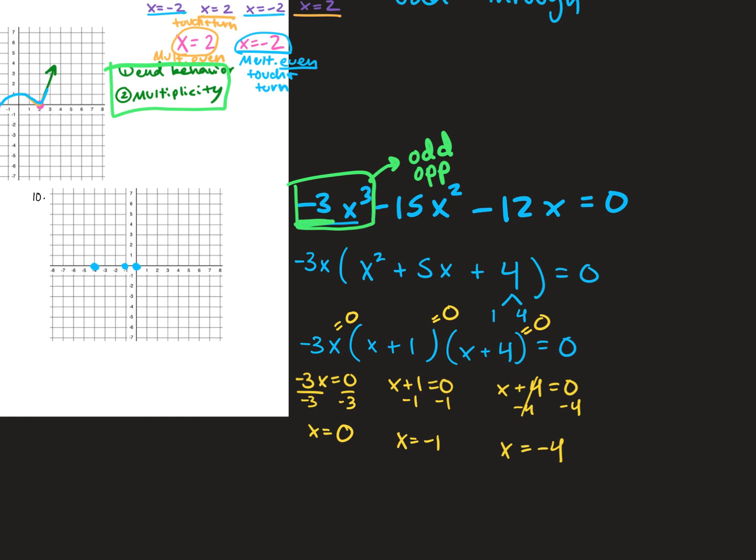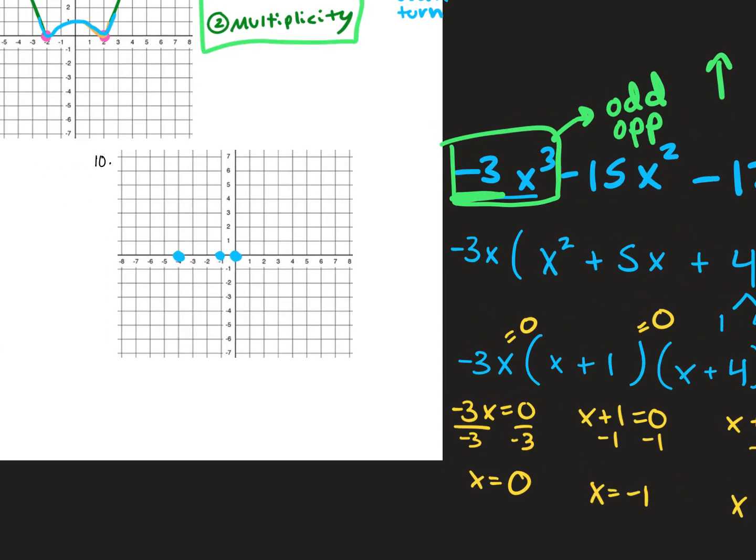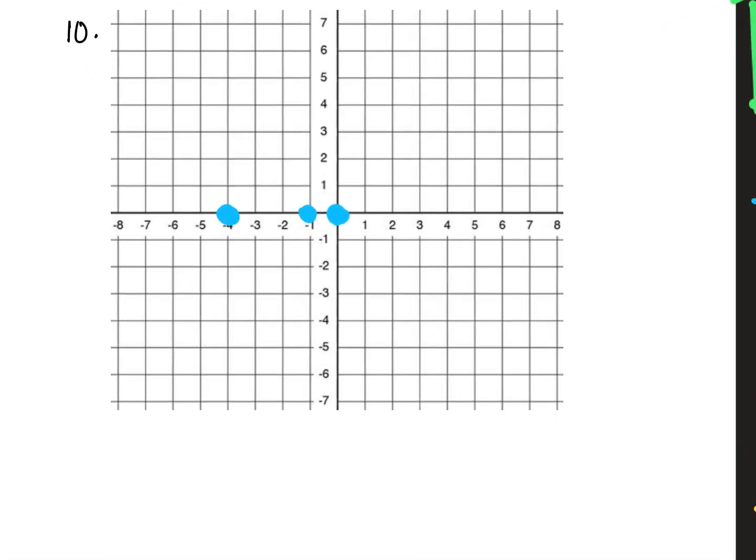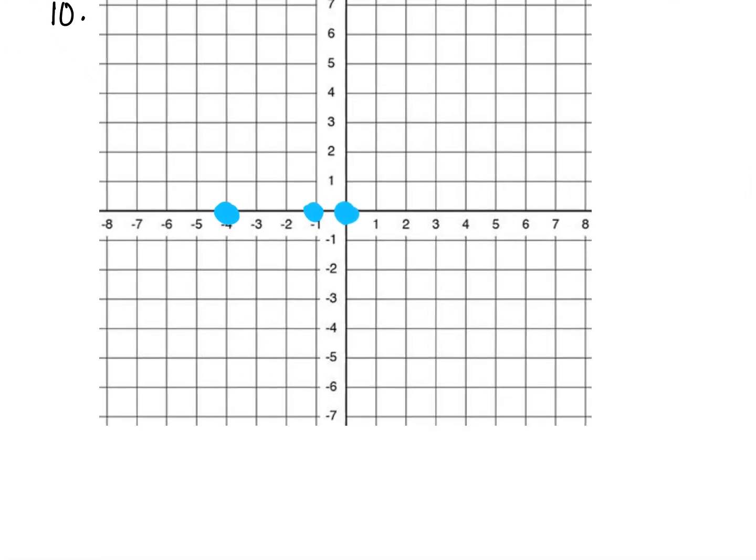What does that tell us about our right arrow? Right arrow goes down. We said that they go in opposite directions, so what does that mean our left arrow is going to do? Left arrow goes up. So let's put those on our graph. Out of the point farthest to the left, our left arrow goes up. Out of the point farthest to the right, our right arrow goes down.